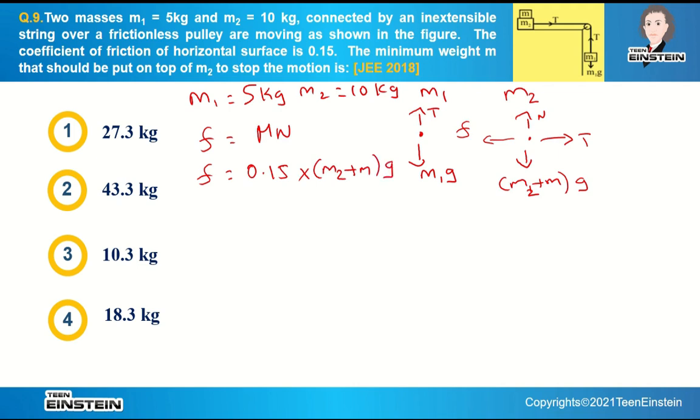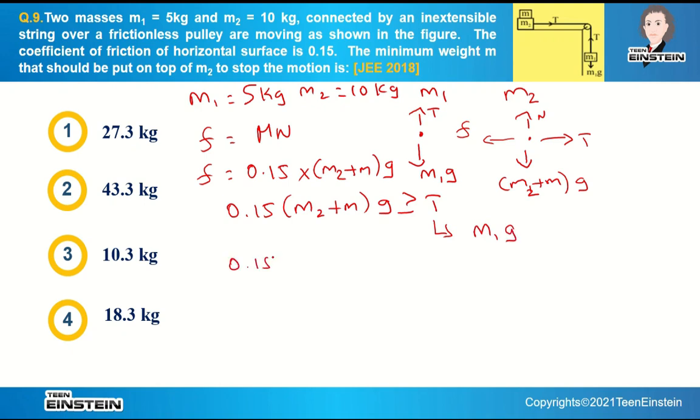Okay, so here the friction should be greater than or equivalent to the tension. So you'll have 0.15 into (m2 plus m) g greater than or equivalent to the tension, and this tension is given by m1 g.